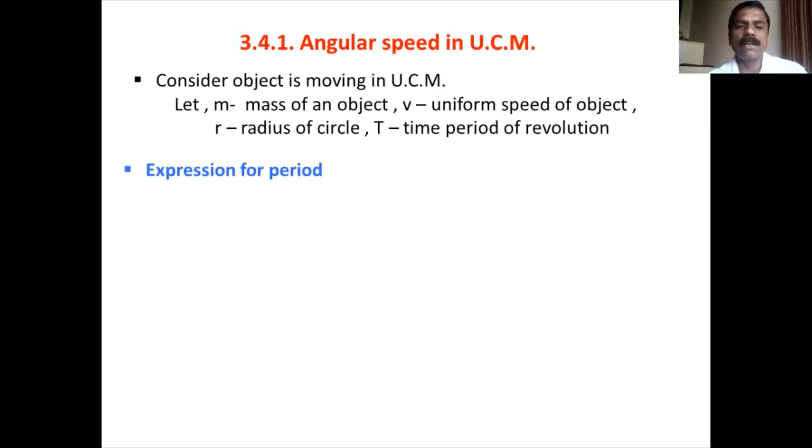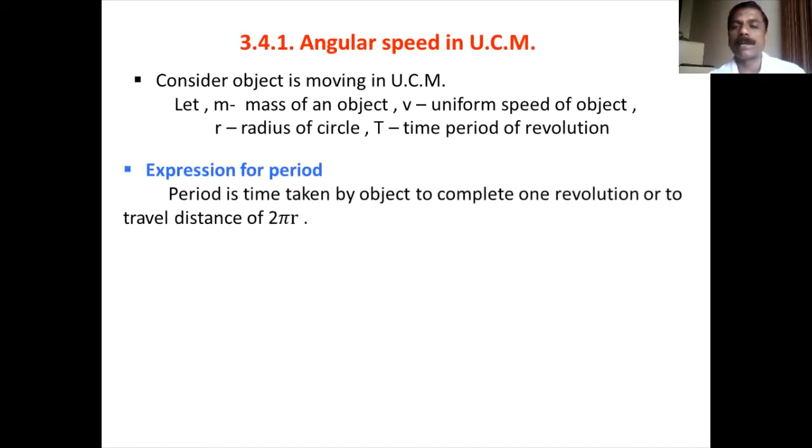Now we have already found the expression for the period, that is the time required to complete one revolution or to travel a distance equal to the circumference of the circle. So by using this relation, capital T is equal to 2 pi r divided by v. We have seen this expression.